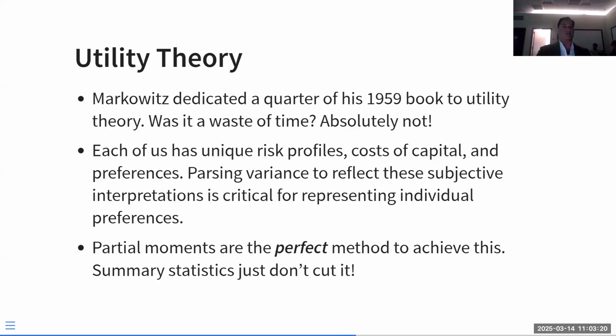It's because it's a very important part of portfolio theory, whereby each of us has unique risk profiles, different costs of capital, subjective wealth. So by parsing the variance, you're able to reflect these subjective interpretations more accurately. And partial moments are perfectly suited for this.